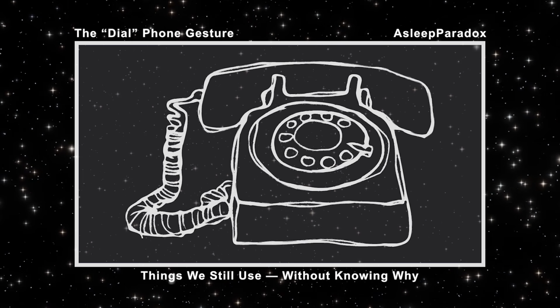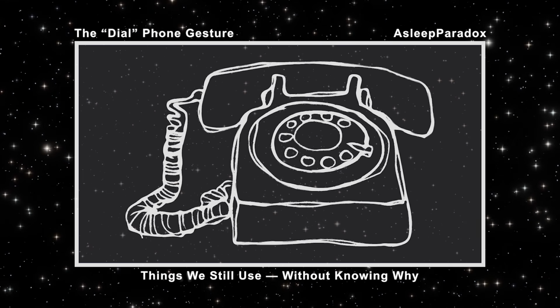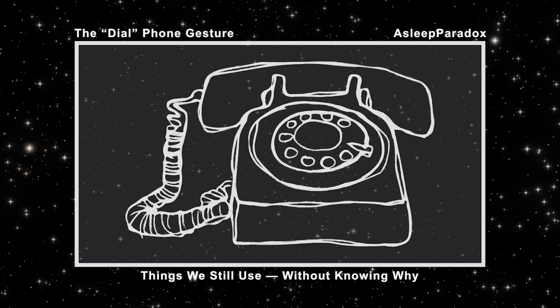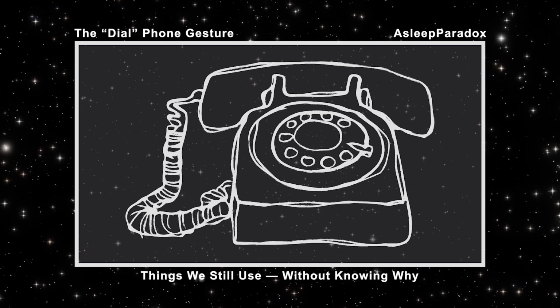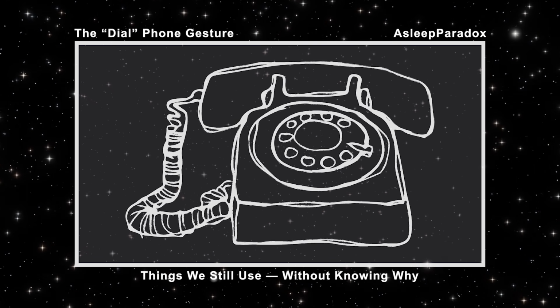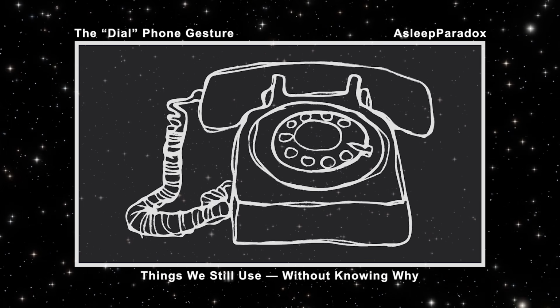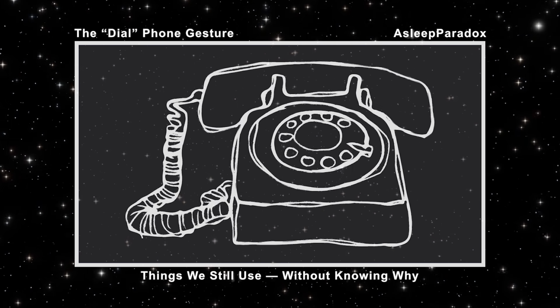The circular dial itself became visually synonymous with telephony, appearing in advertisements, films, and domestic interiors. The gesture of rotating a finger came to symbolize communication at a distance. As push-button telephones emerged in the 1960s and 1970s, the mechanical dial was replaced by a keypad.